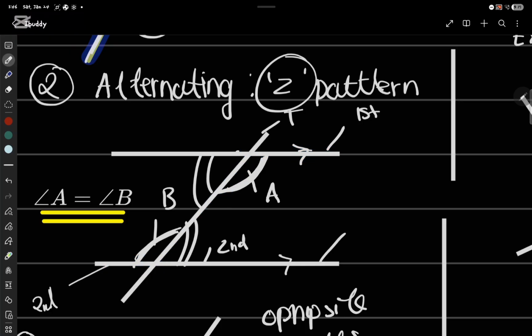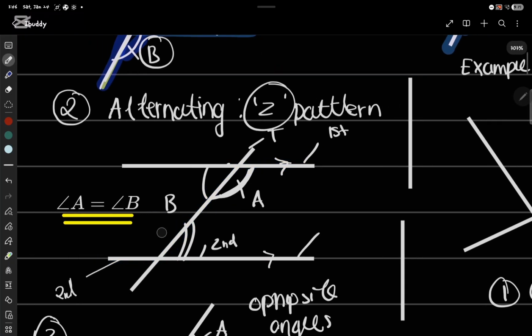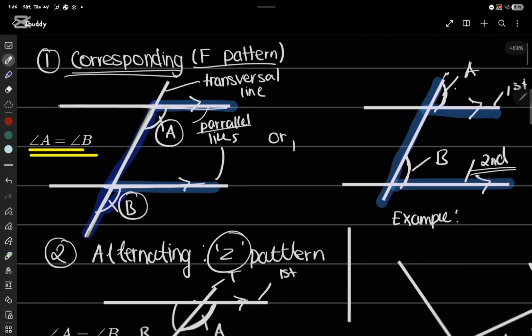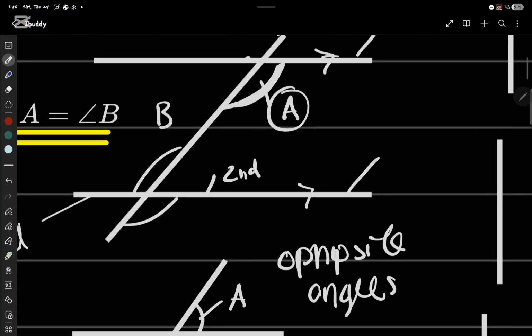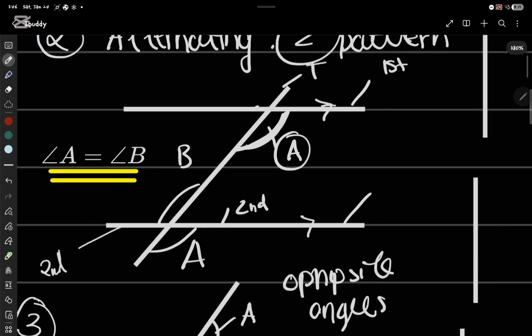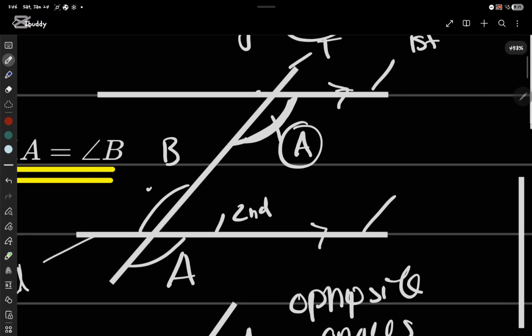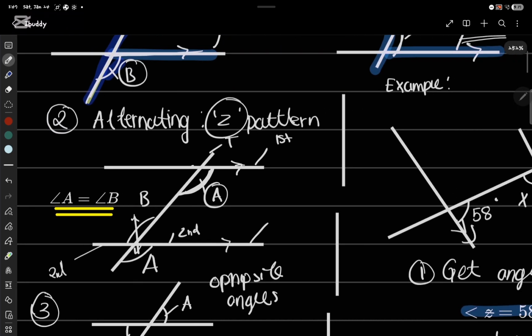So when you see the Z pattern, you can say that A equals B. This stems from the original F pattern, because you can see that this A equals this A. They're the same angle. And B and A are the same because they're opposite each other. We'll learn that later in this lesson. So just remember the Z pattern.